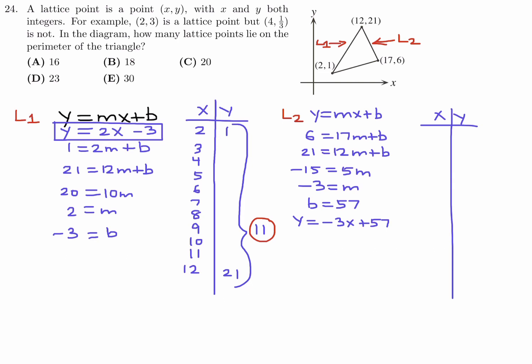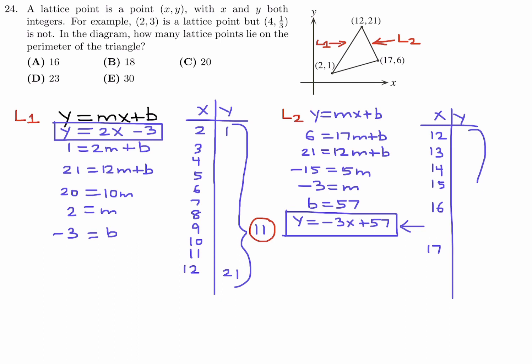So in a very similar way, you make a little table and start with, we're starting with 12 this time, and we're ending at 17. And just like how I discussed in the previous line, if you put any integer value in that equation, y will be an integer. Okay? So that saves us time if you can immediately recognize that.